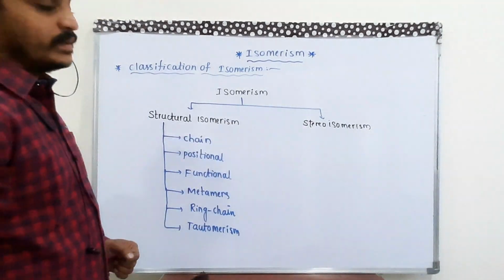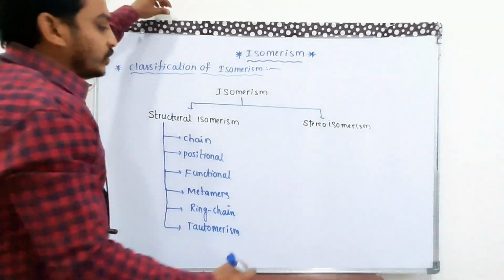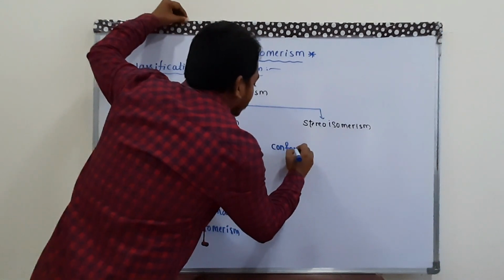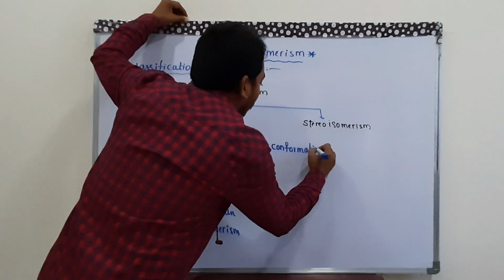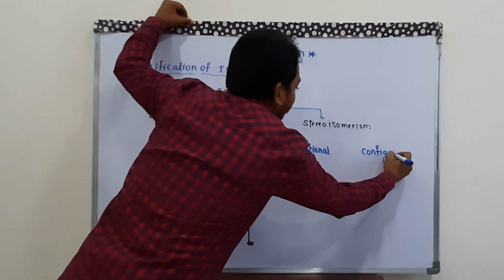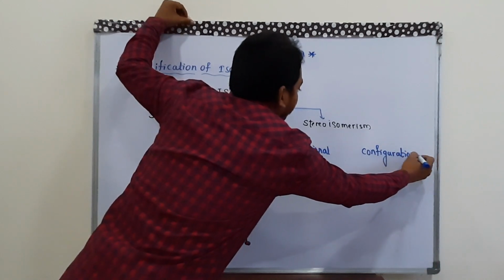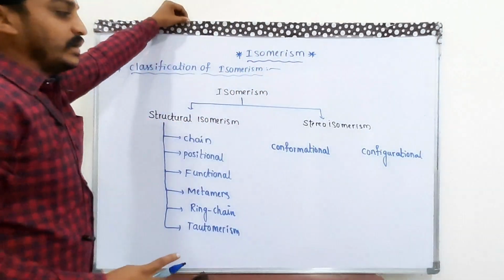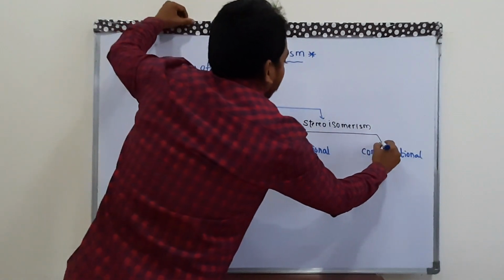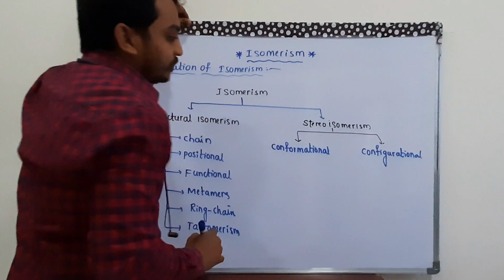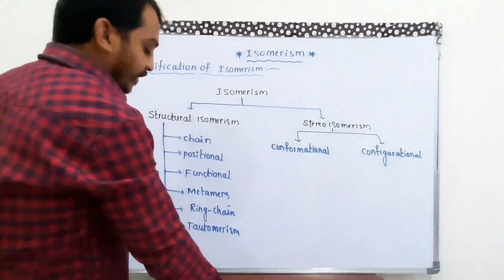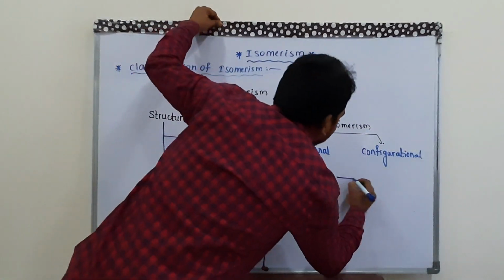Next, stereoisomerism is again classified into 2 categories. One is the conformational, another one is the configurational. So these are the 2 classifications. Next, this configurational isomerism is again classified into 2 categories.